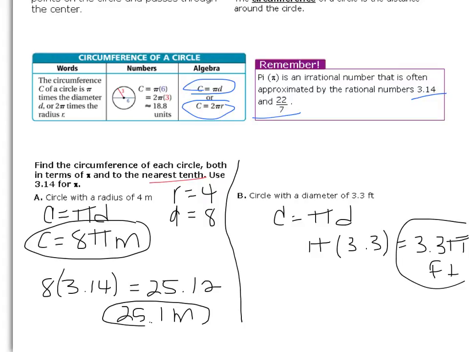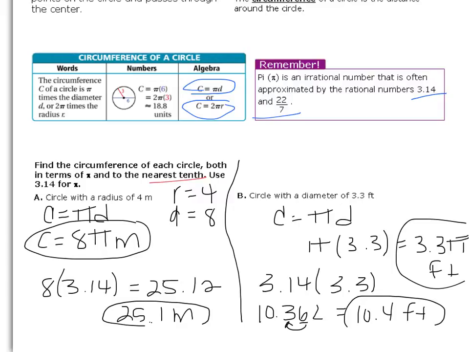And then for the second answer, 3.14 times 3.3, and when you do 3.14 times 3.3, you get 10.362, which when you round that to 1 decimal place, you're going to get 10.4 feet. Okay?